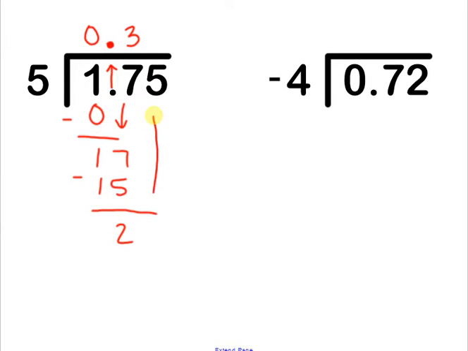Bring down the 5. 5 goes into 25 5 times. 5 times 5 is 25. Subtract. 25 minus 25 is 0. Nothing else to bring down. Positive divided by a positive is a positive, and so your answer is 0.35.